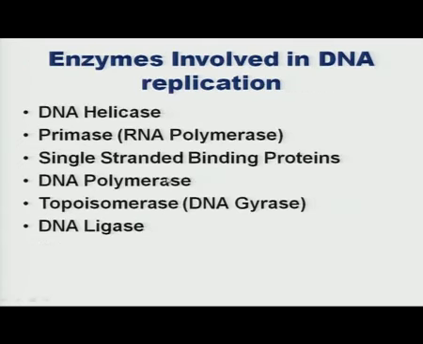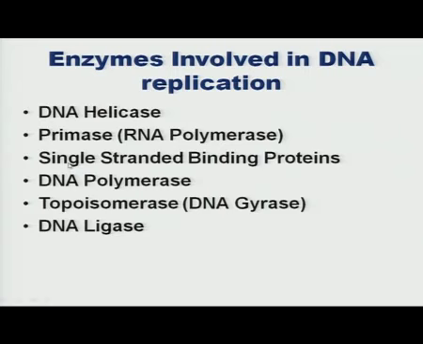Now, what are the different enzymes or proteins involved in replication? Here are some of the enzymes. The first is DNA helicase, which helps in the separation of double-stranded DNA. Primase, which is actually an RNA polymerase enzyme that synthesizes a primer, which we will discuss later in this session.